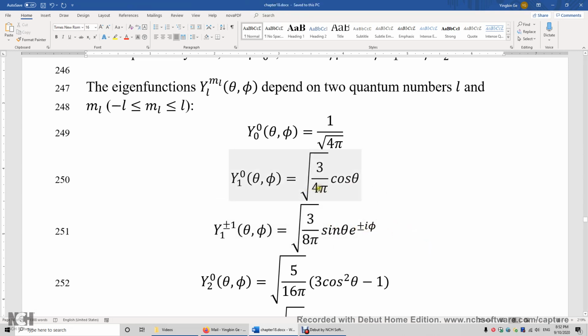And now if you pay attention to these two symbols, L and m sub L, you may have related this to the quantum numbers of the electrons in an atom. And they have the same meaning, indeed.